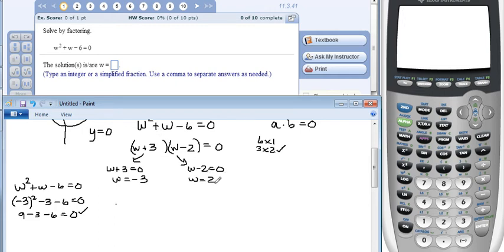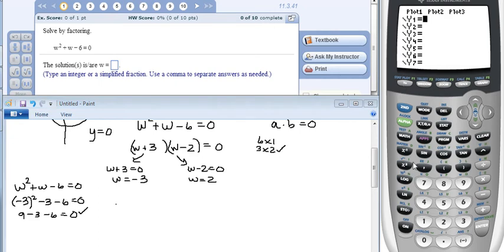Now I can also check to make sure that these are my x-intercepts graphically. Okay, so I'm going to use my calculator for that. I'm going to put in my equation. I have to use my x's, not my w's, but it doesn't matter. If my solutions are the same as my x-intercepts, then it should be crossing at negative 3 and 2, which it looks like it does.